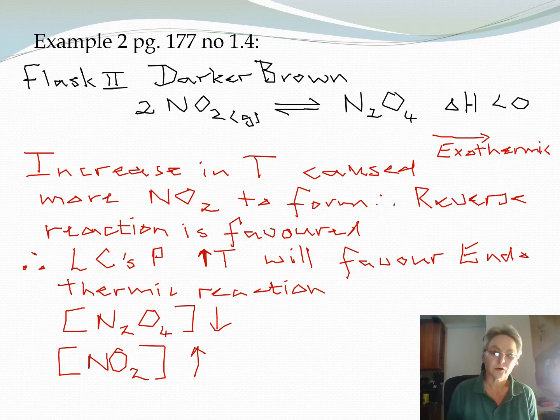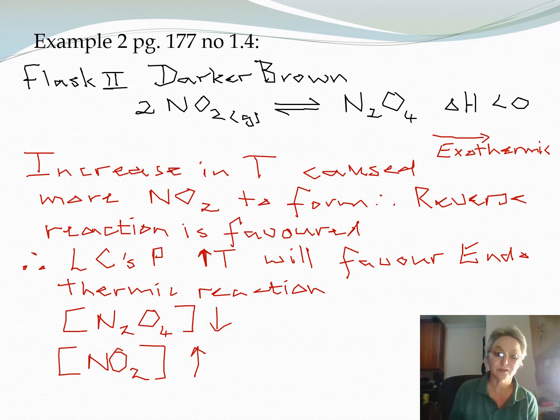Right, then they ask us to describe what happens in flask 3. Now the temperature there was dropped to 0 degrees, and you can see they symbolize it with less shading, so there is more of the colorless dinitrogen tetraoxide forming.